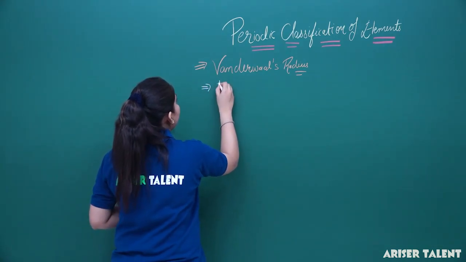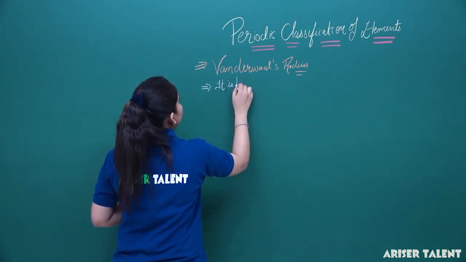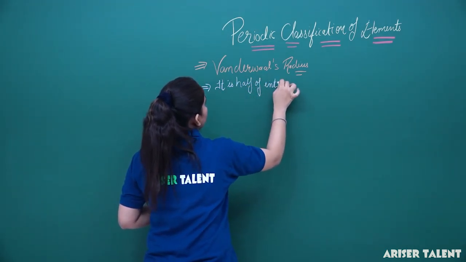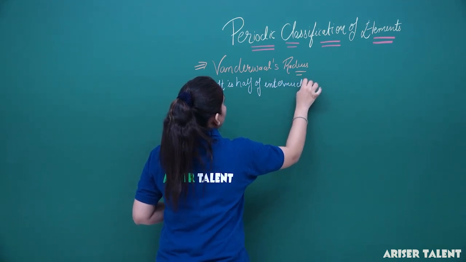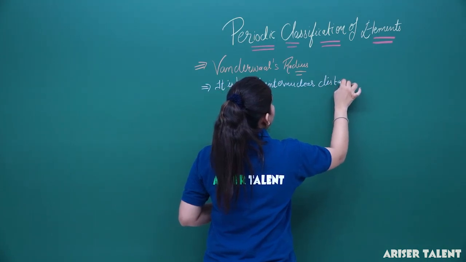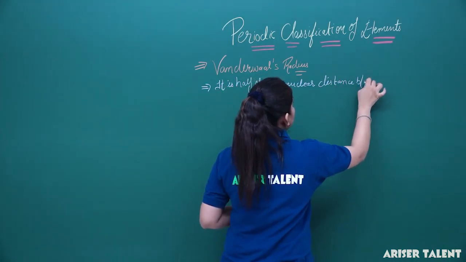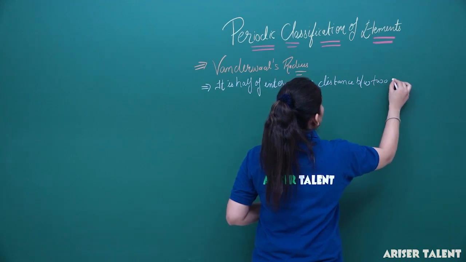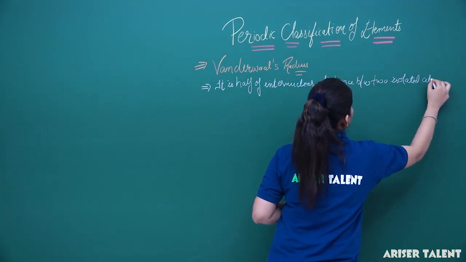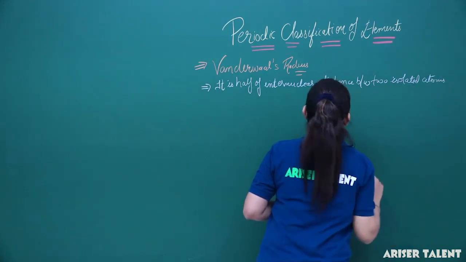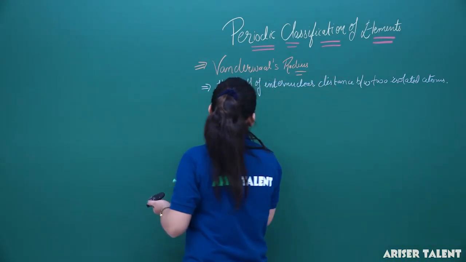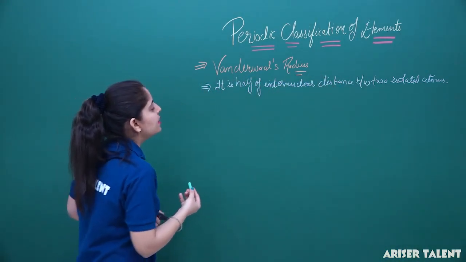Firstly, we can say that it is half of the internuclear distance between two isolated atoms. Isolated means they are separated atoms. So how can we consider the internuclear distance?